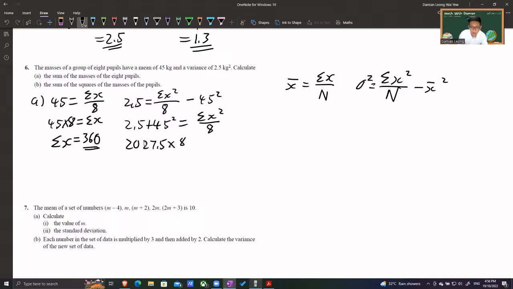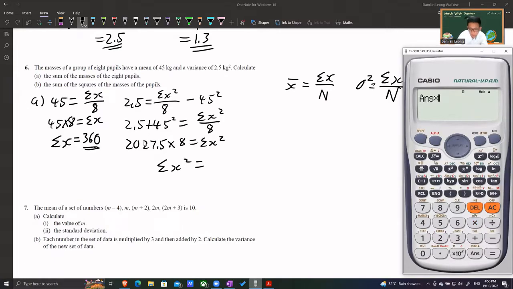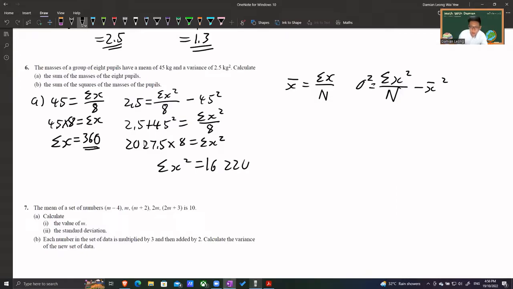Divide 8, opposite times 8. So sum of x squared is just times 8, 16,220. Yeah. Okay, that is question 6.